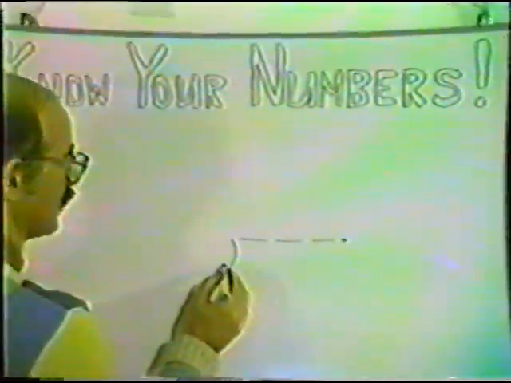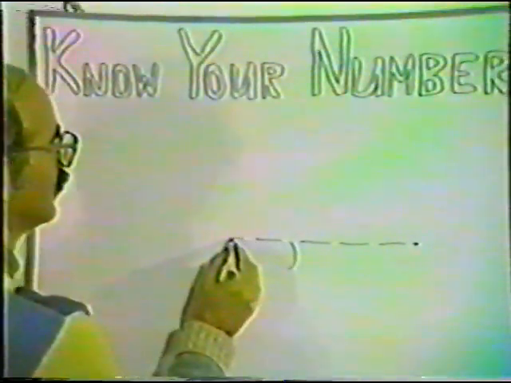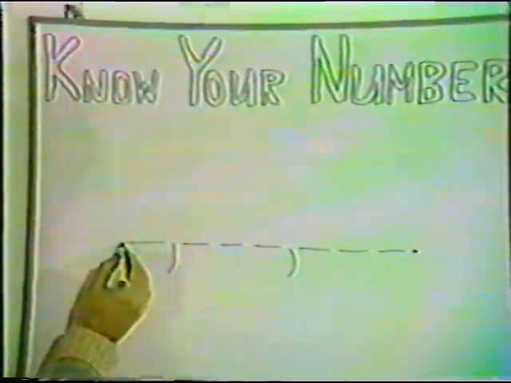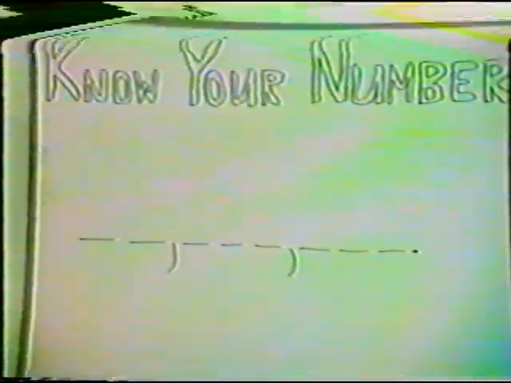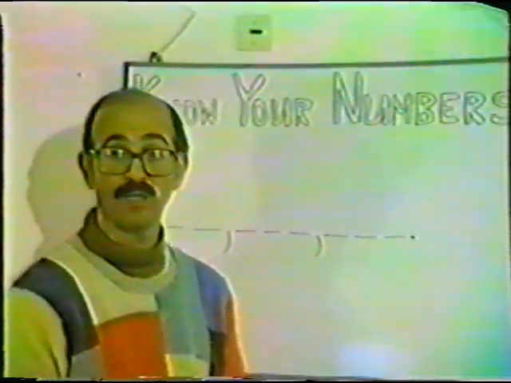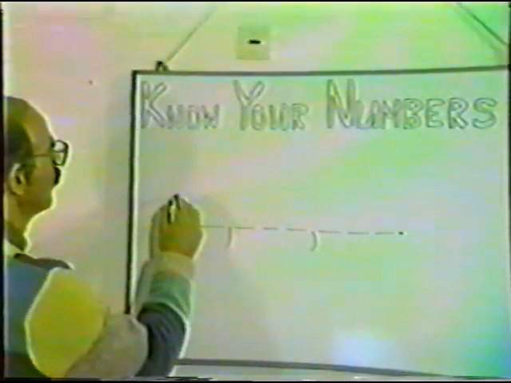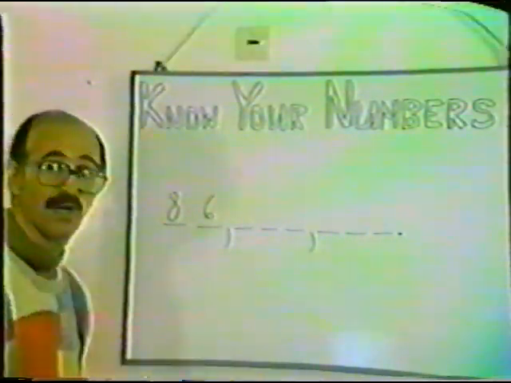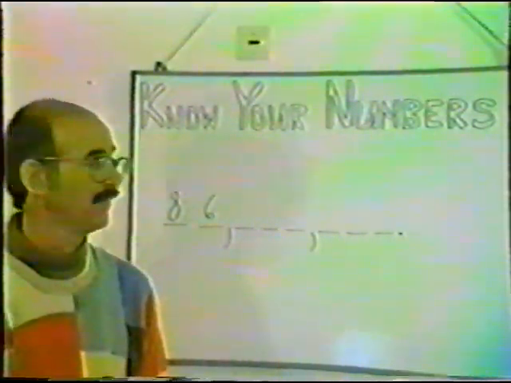There's our 1,000 comma, 1, 2, 3 places, and our million comma, and 1, 2 places. 86 million. We can put our 86 right here in front of the million comma.